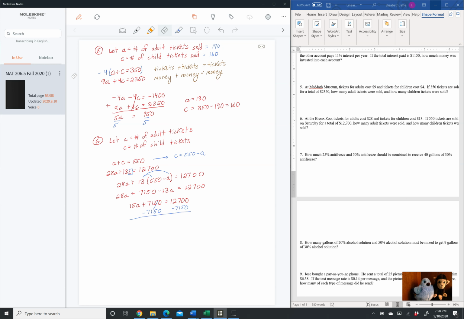Divide everything by 15. That gives us our A. So A is equal to 370.